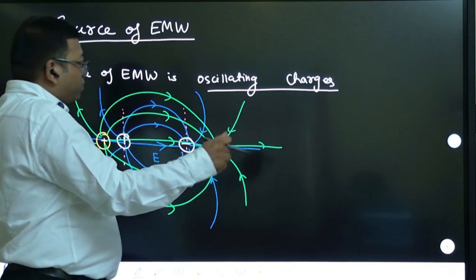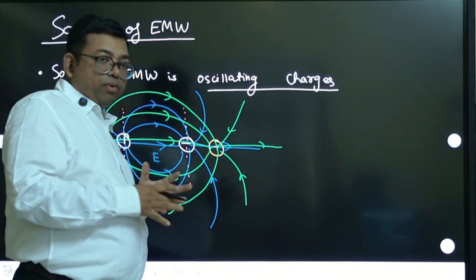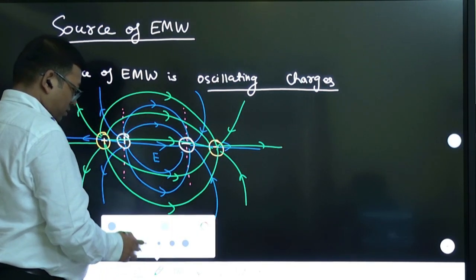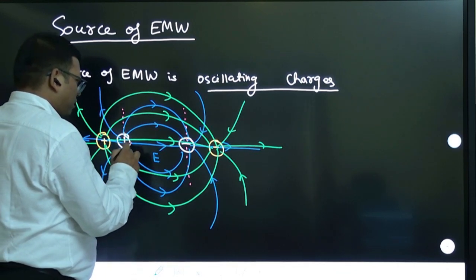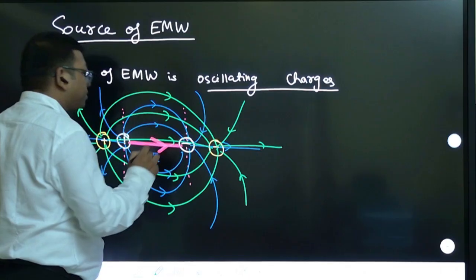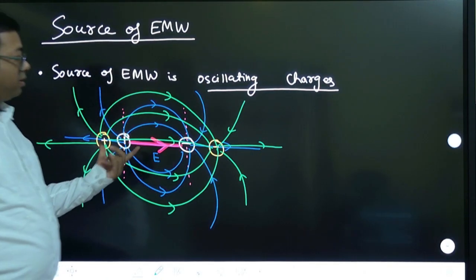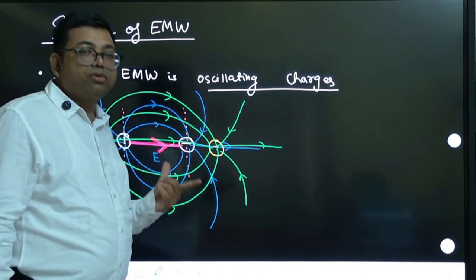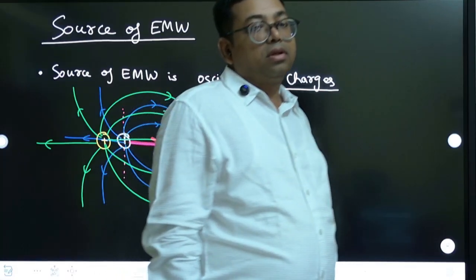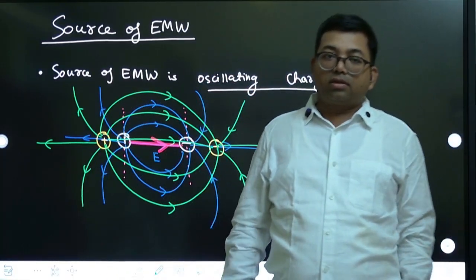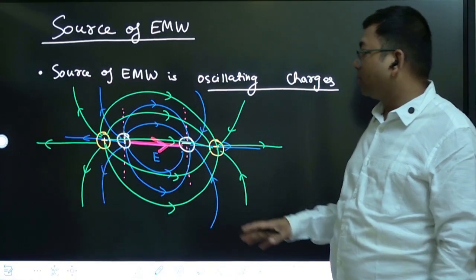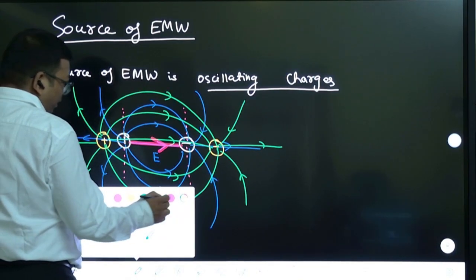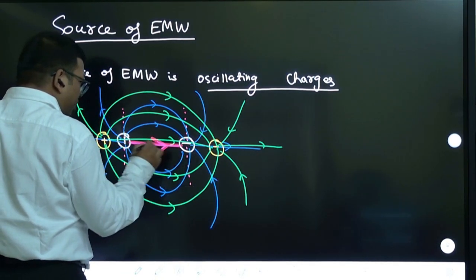As it is going away, let us focus on only one electric field line, this straight line which is joining these charges. As they are moving away, the value is going to become smaller. Let us fix a point somewhere exactly in between the charges.